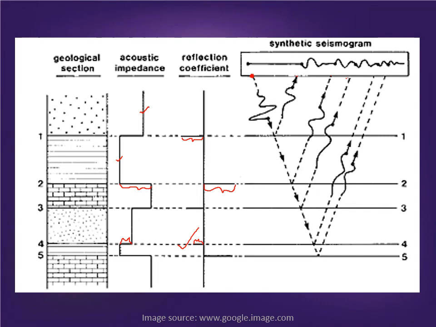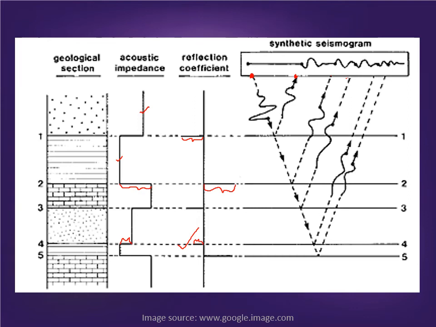So from the surface, some waves are generated and they are reflected from different interfaces. When they hit the first interface between the sand layer and shale layer, some amount is reflected back and received in the first receptor, and some amount of wave is transmitted far below to the interface between layer 2 and layer 3, basically the shale and limestone.